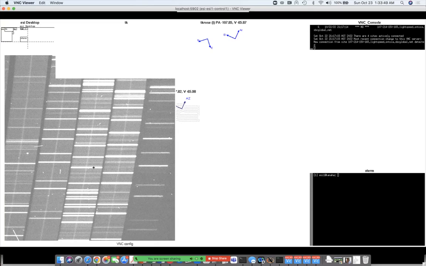Every wavelength maps onto a different y coordinate, a different height in this pattern. So these horizontal lines are air glow from the Earth's atmosphere. You can see that the Earth's atmosphere glows uniformly along the slit; its brightness doesn't change as you go along the slit, because they're looking at slightly different patches of the sky. The length of the slit here is, if I remember, about 20 arc seconds long and 0.75 wide.